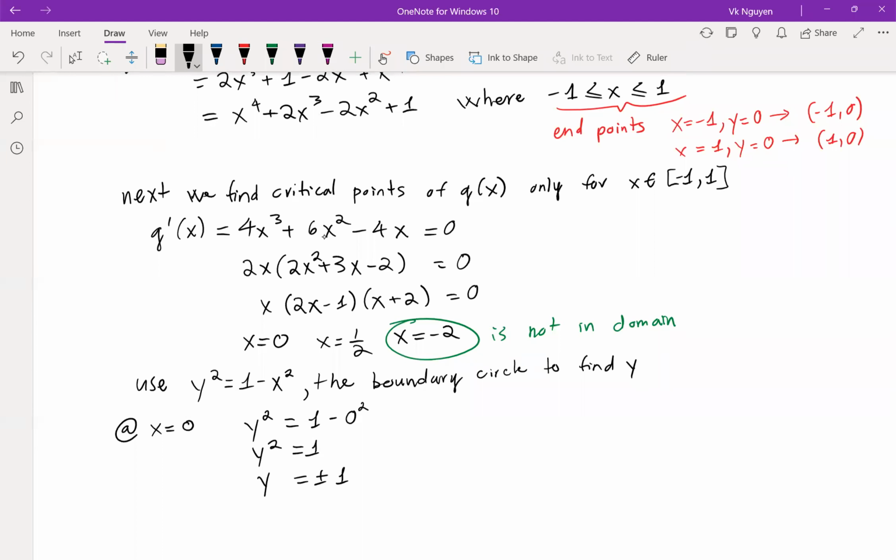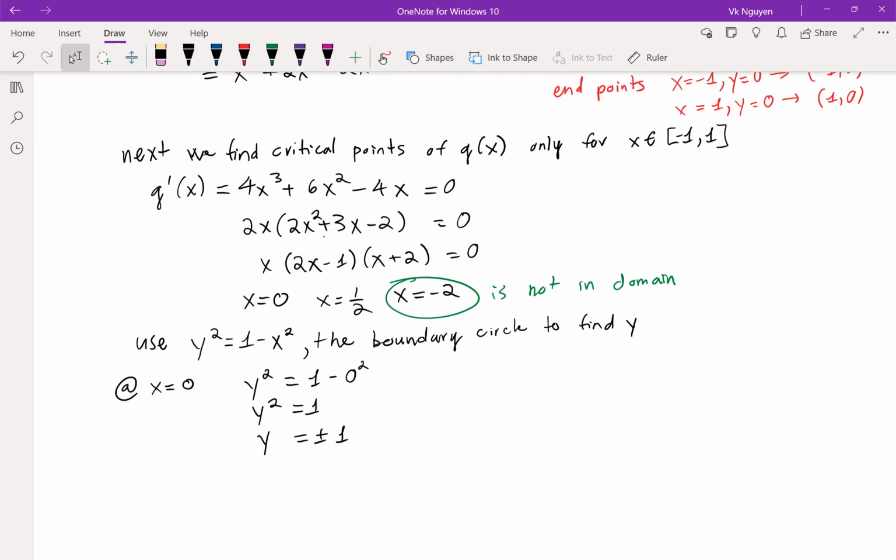So that means from here we have two critical points: (0, 1) and (0, -1).